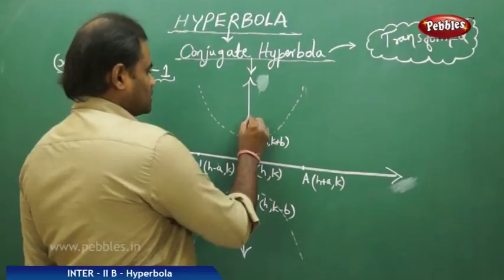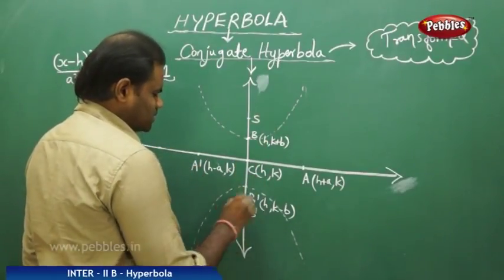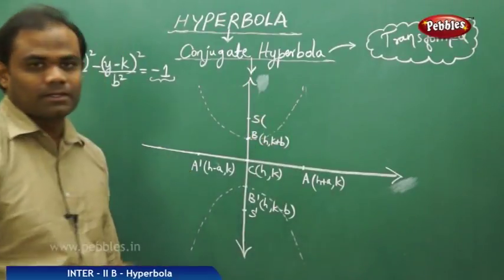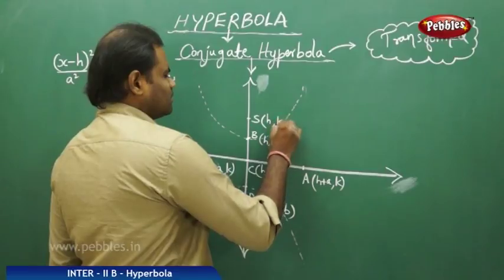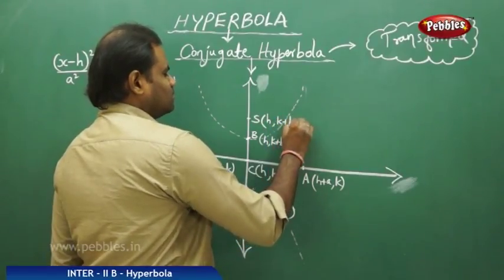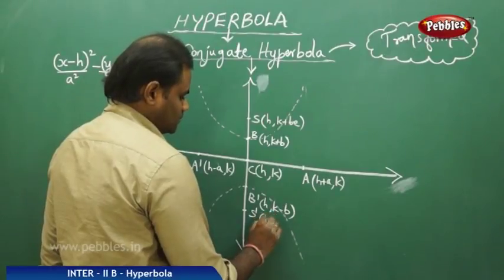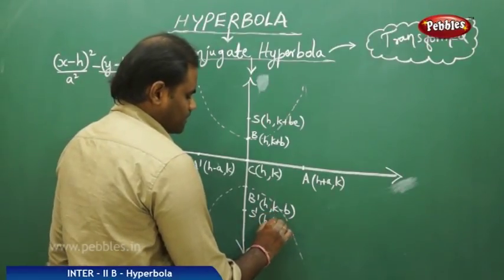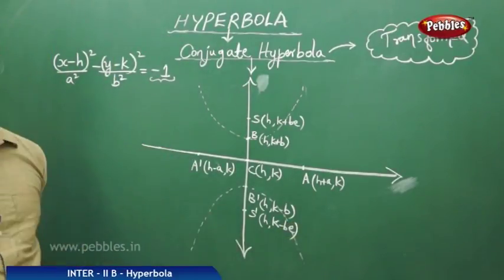Now in this case, the focus, which is S, and the other focus, which is S dash, is given by 0, be, that is h, k plus be, and here it is h, k minus be, is how each of it is transformed.